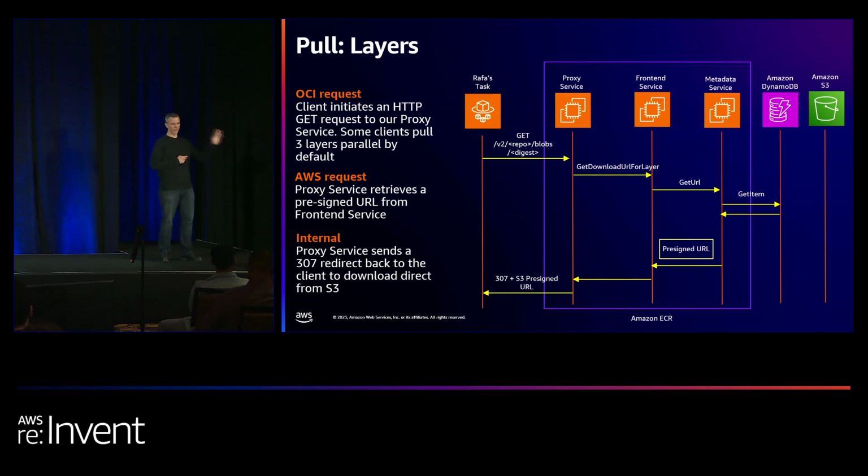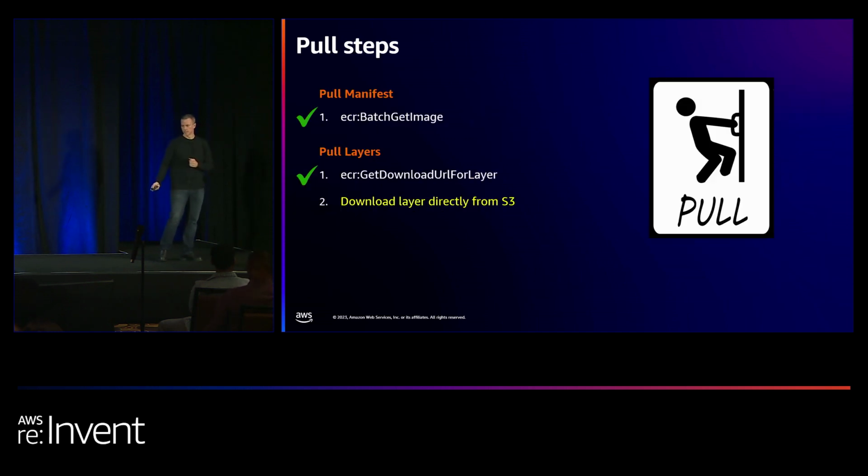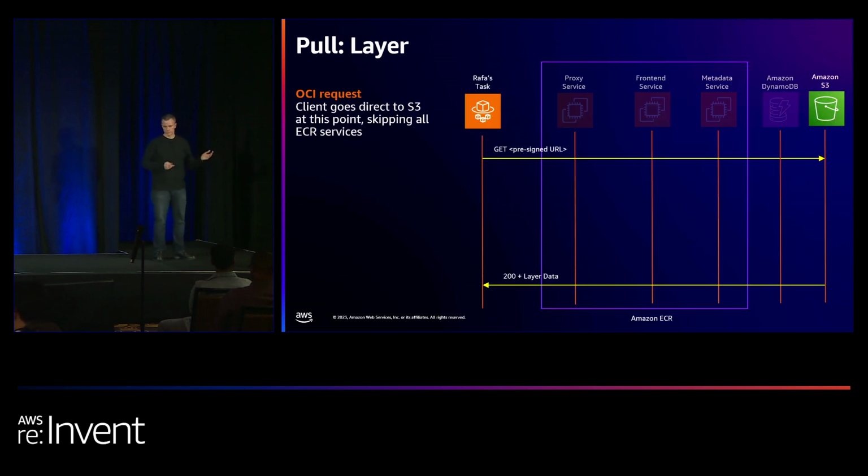So we send a URL back to the client, say, go here to get it. And when it does that, it goes right to S3. It just skips all the services that we have, goes right to S3, and it's basically a simple curl or a simple HTTP GET, and you can get the layer data. So you could build your own client that works like this and just download directly using curl or something from the command line.